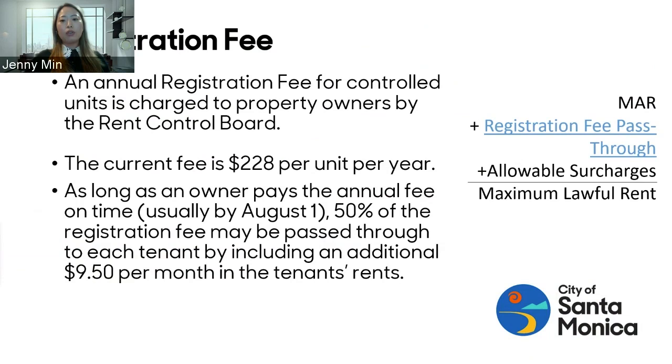As long as the owner pays the annual fee on time, usually by August 1st, 50% of the registration fee may be passed through to each tenant by including an additional $9.50 per month to the tenant's rent. If the landlord does not pay on time, then the pass-through cannot be added to the tenant's rent. Next slide.